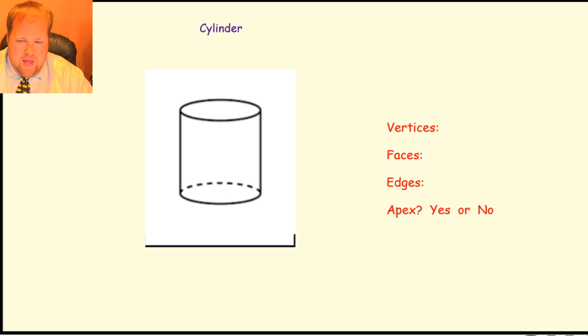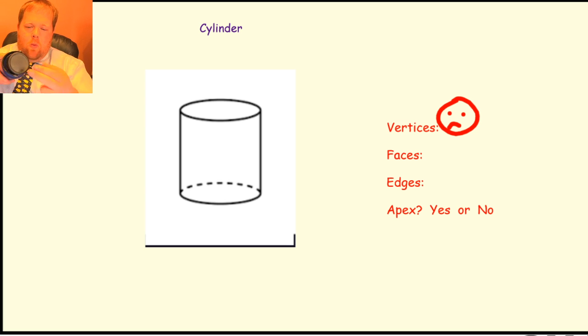So that's a big old 0. Oh man, that's sad. How many faces does it have? We saw 1 and 2. So all cylinders are going to have 2 faces. That's cool.